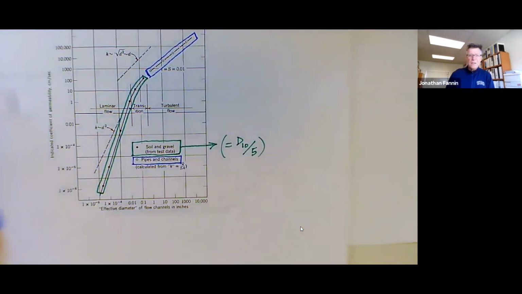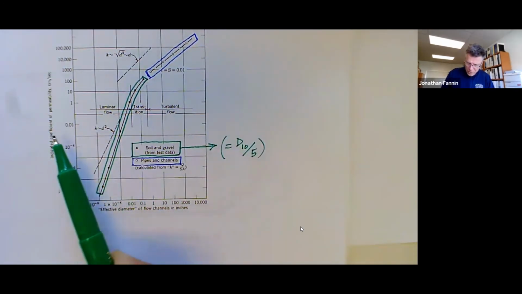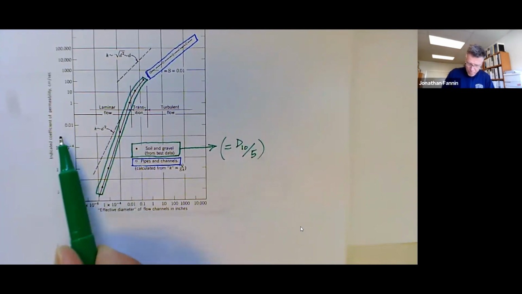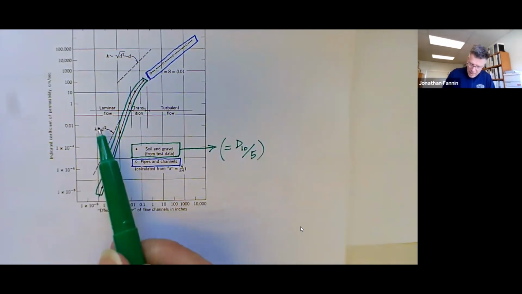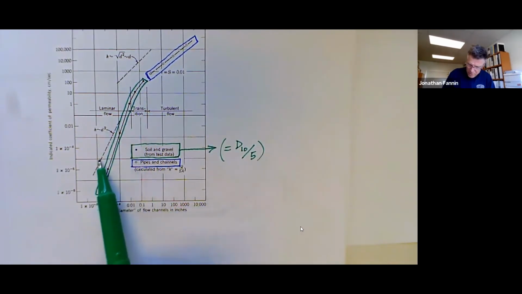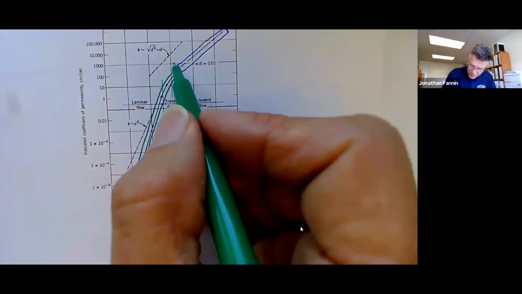That's how that's been calculated. Okay. And then we see that the relation between permeability and the effective diameter indicates that K, this line here would be for K proportional to D squared. So this is for the soils.